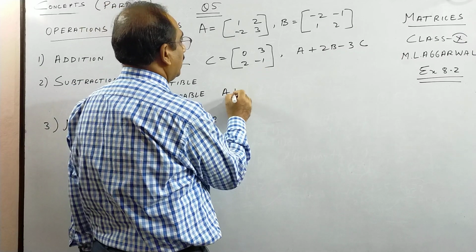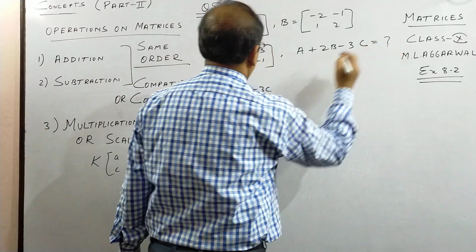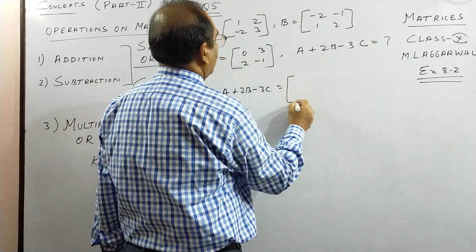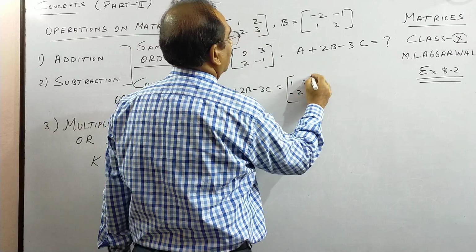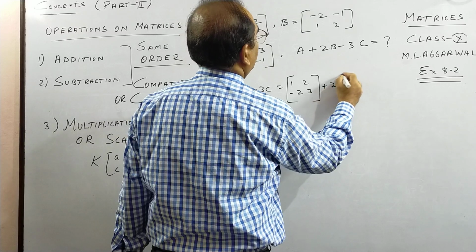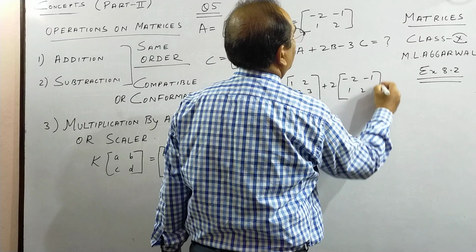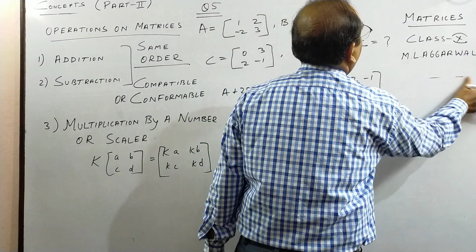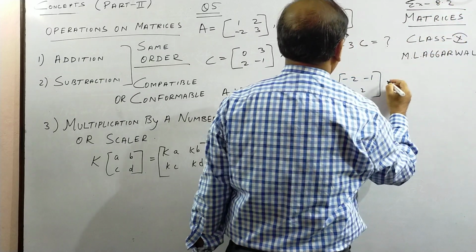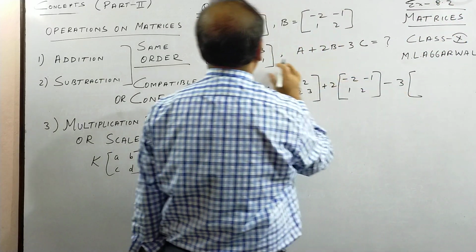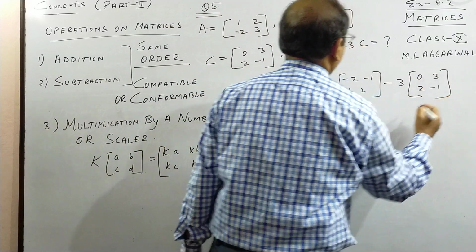We have to find A plus 2B minus 3C. So we write A, plus 2 times B, which is minus 2, minus 1, 1, 2, minus 3 times C, which is 0, 3, 2, minus 1.